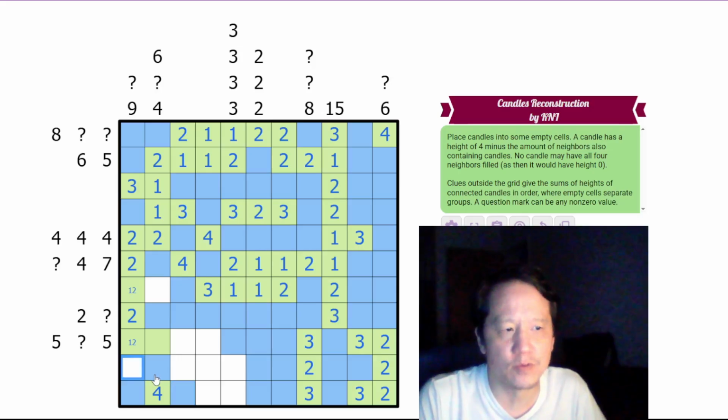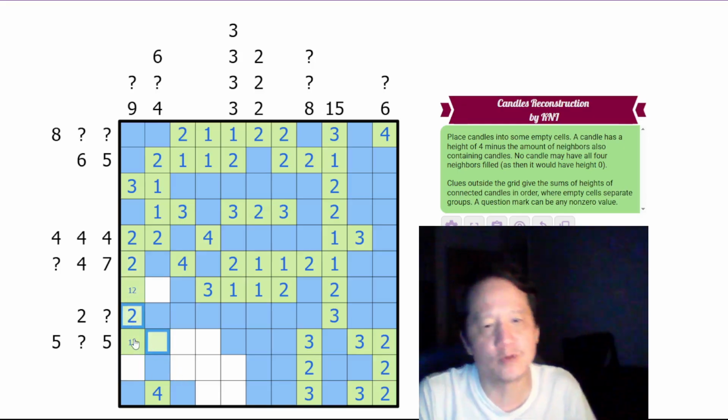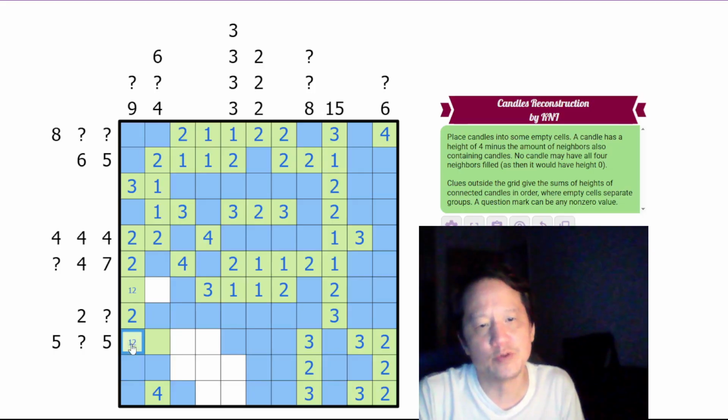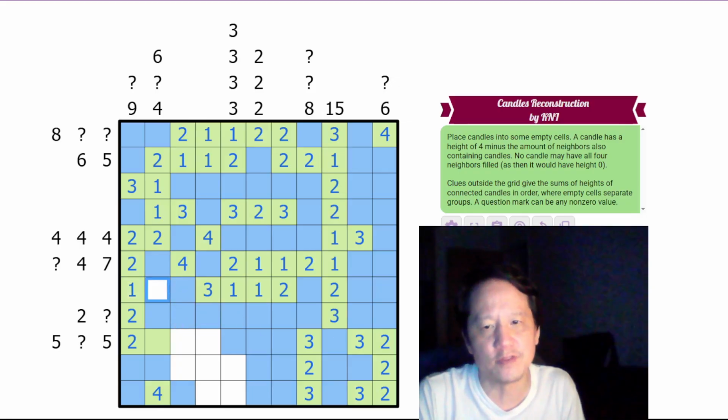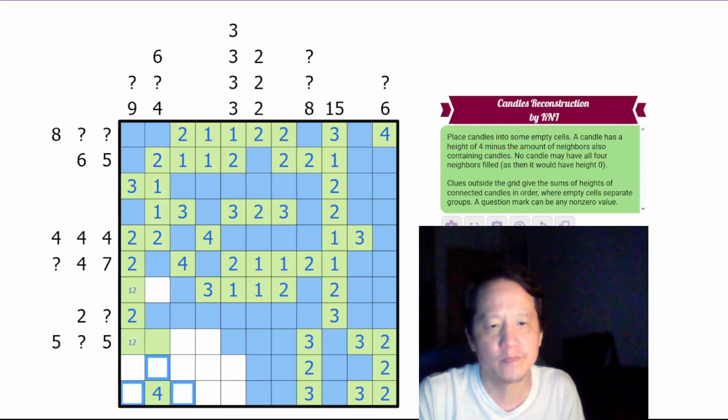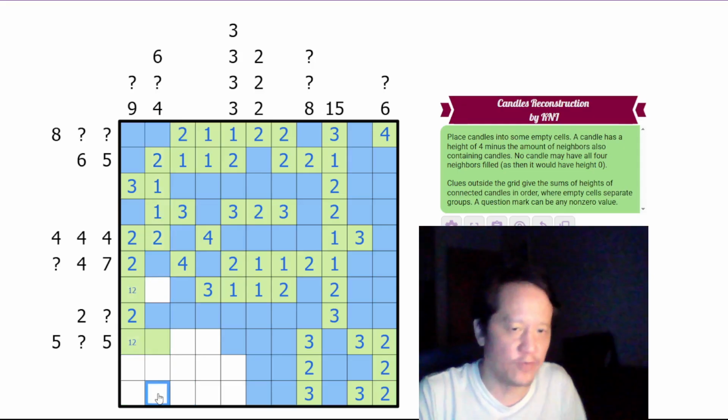If this were green, it would have to be 3, so this cannot be green this way. So then this has 2 neighbors. So this would be blue, this would have to be 2, this would have to be 1, and then we'd have this have to be green because it has to have 3 neighbors with candles. But then we'd have too many cells for the Japanese sum. So this cannot be 4 here.